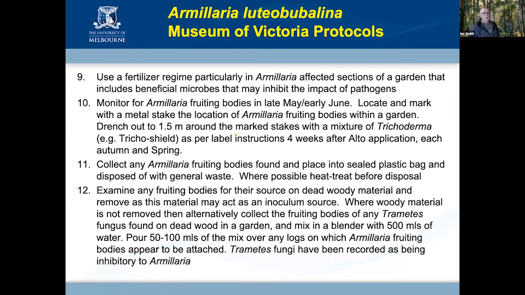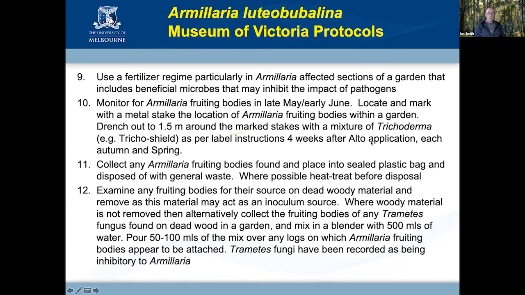So these are the other methods they can use. You've got to make sure your trees are well fertilized, and you need to have a good monitoring program in late May, early June to find and locate any trees that have any armillaria fruiting bodies within the garden. You can then drench around those fruiting bodies with a mixture of trichoderma and perhaps even Alto if you need to.